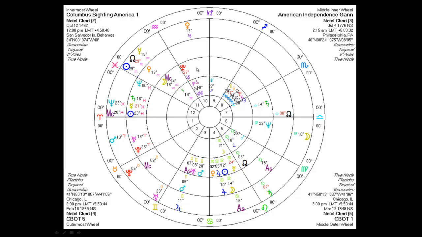The second wheel is the American independence chart, 4th of July. And the other 2 charts are the CBOT, the Chicago Board of Trade that Gann was using, 2 charts, and you can see the dates yourself in there. So he was looking at the common bond between these charts.